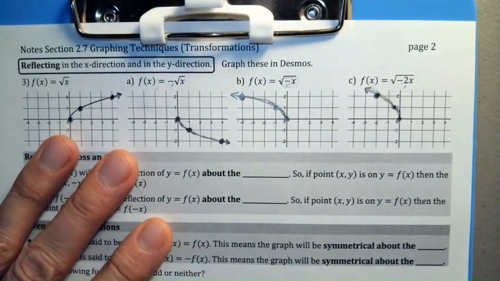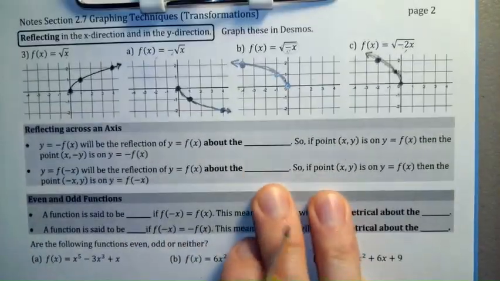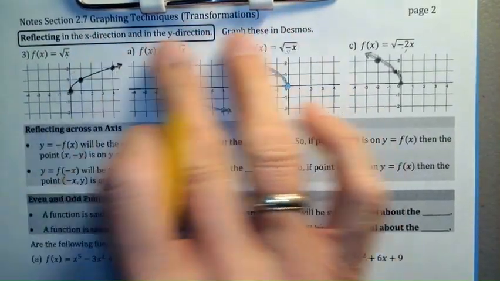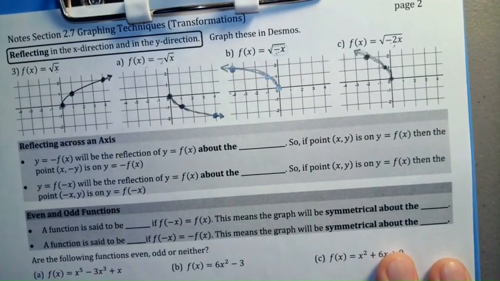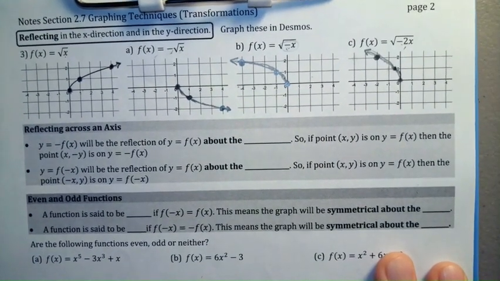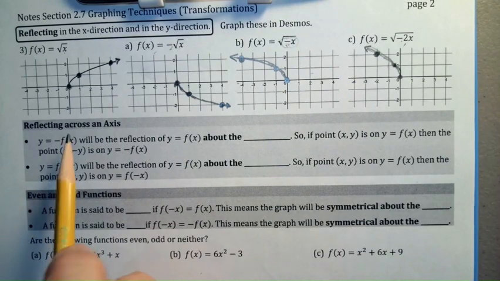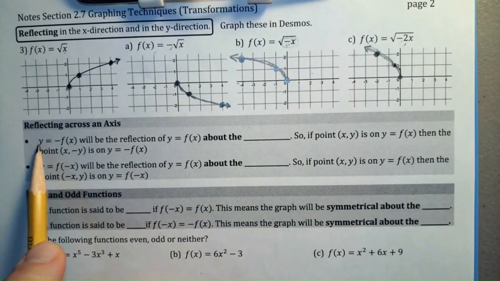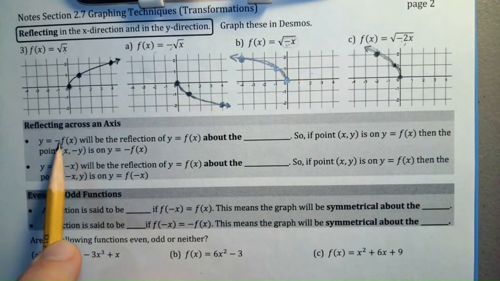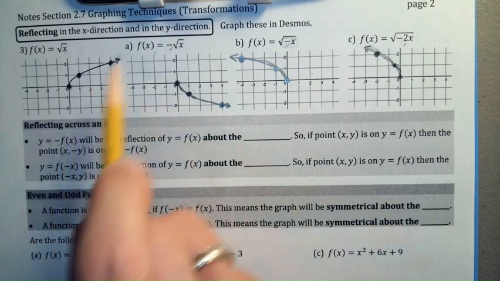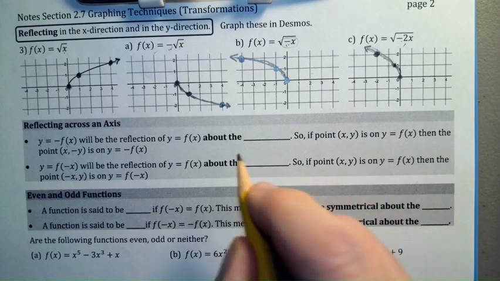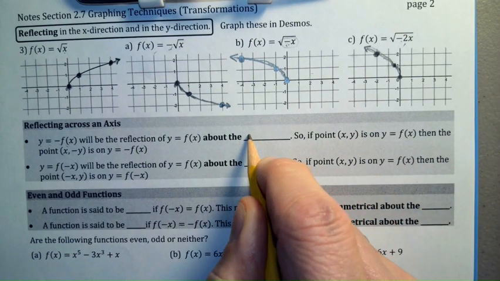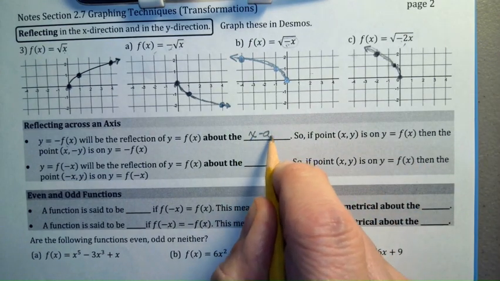Okay. All right, so now let's think about what we saw in these and what you saw in Desmos. If you pause the video and played around a little in Desmos, you can see that reflecting across an axis, if we have something like y equals the negative of f of x, so that would be in this case the negative is outside, then we have a reflection about the x-axis.